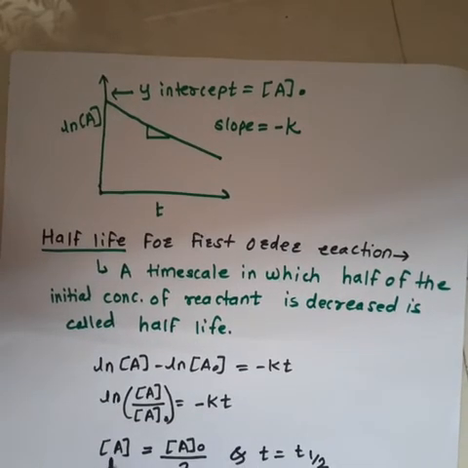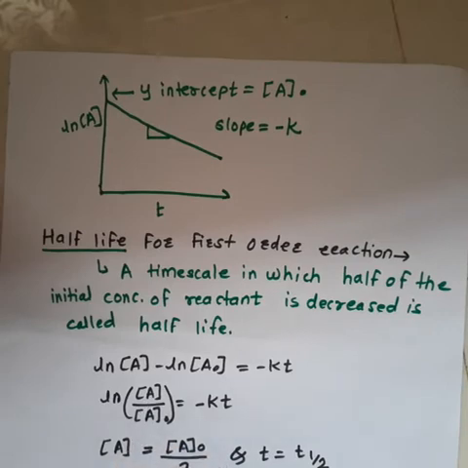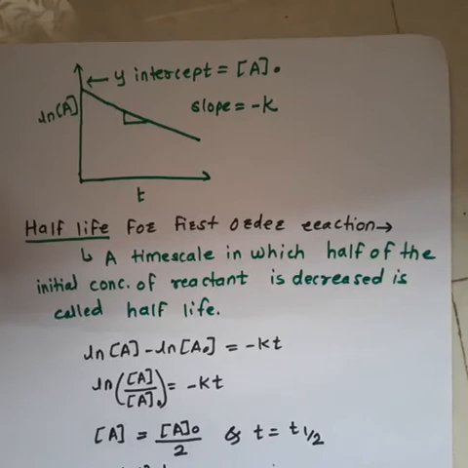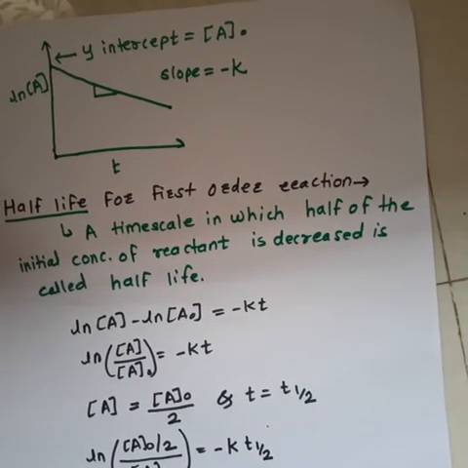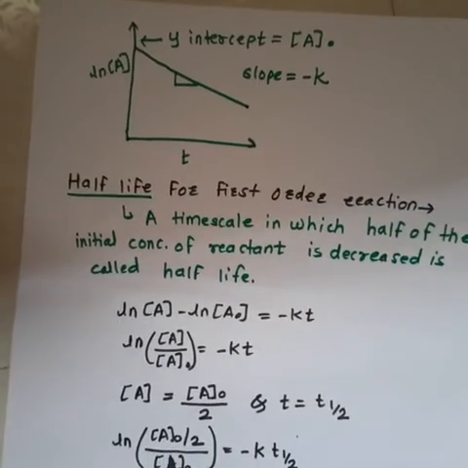So if we put these two values in this equation, ln of A0 by 2 divided by A0 is equal to minus k into t1/2. Here A0 gets cancelled, ln of 1 by 2 is equal to minus k into t1/2.